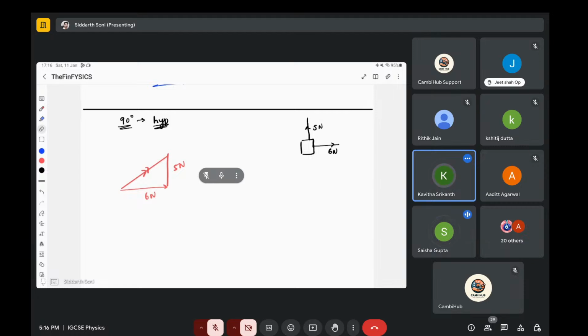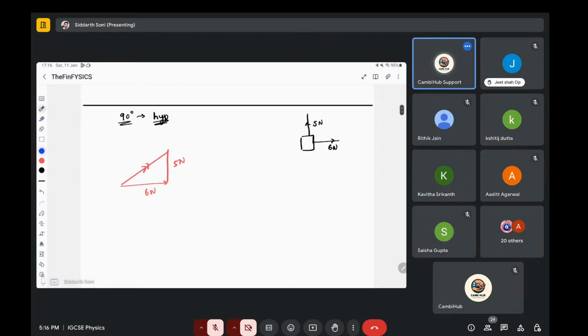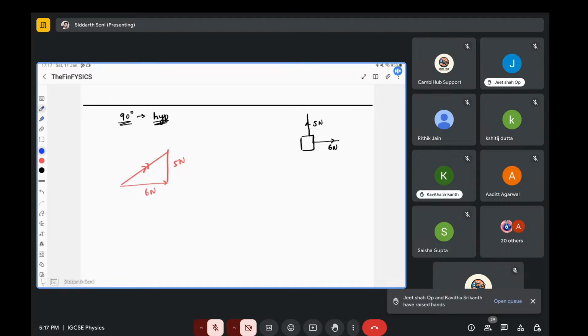Now direction. This is where a lot of them go wrong. All of you will write up, down, east, west, northeast, southeast. You cannot do that. When you study vectors, it gives you the liberty to switch sides, to use any orientation.